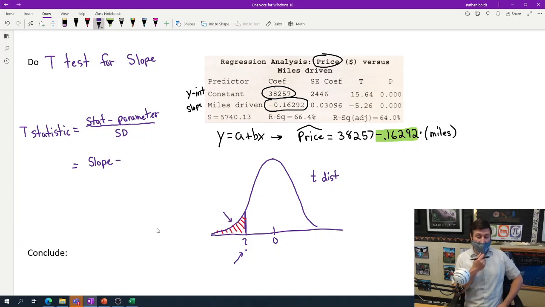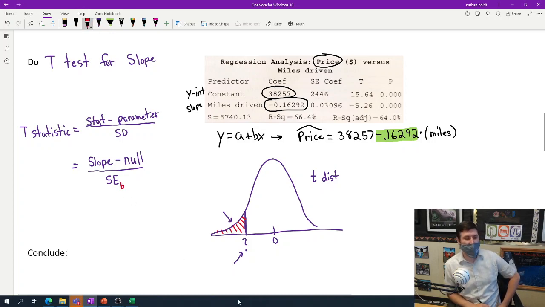The parameter is what we assume to be true. We assume the null is true. Our sampling distribution is always based off the null hypothesis. And the standard deviation, we estimate with the standard error of the slope. I'm hoping that formula does look like a z-score to you. It is basically just a z-score.